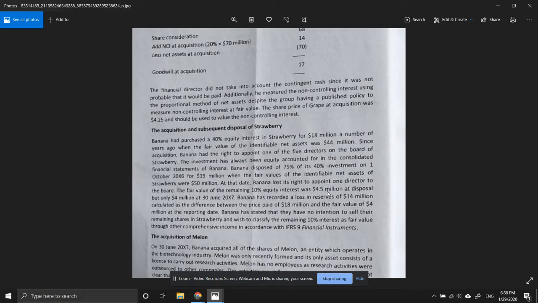If they have chosen fair value through profit or loss, then all gains and losses will be charged to SOPL, whereas in case of OCI, all gains and losses are charged to OCI in subsequent recognition. Okay, that being said, the 10% disposal was this, but only 4 million at 30th June 20x9. Okay, the disposal date was different, so 0.5 million.